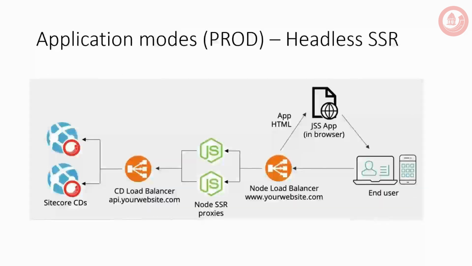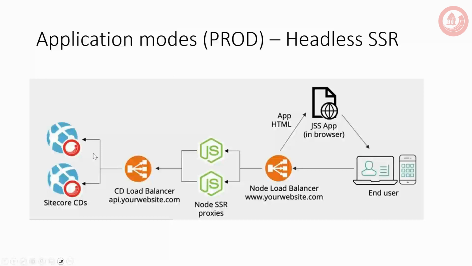Now some of the application modes for the production environment. Again, if you are new, ignore this for now, but if you're already working on Sitecore, it applies server side as well. So you see the end user, the JSS app in the browser, and your node load balancer. You didn't have these two parts and this node load balancer before, right? Your requests used to go to the CD load balancer and be served from there.